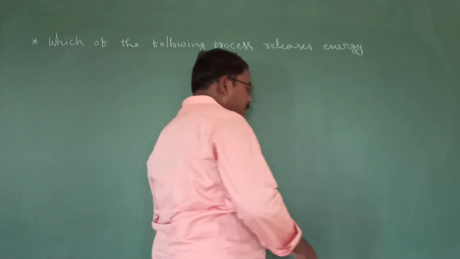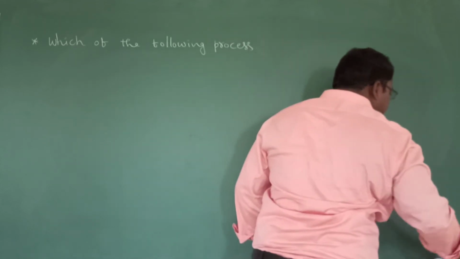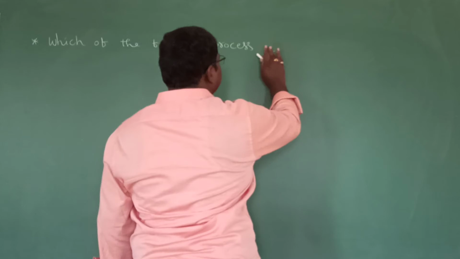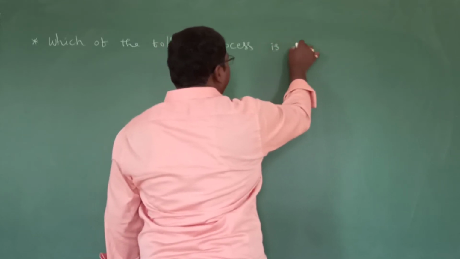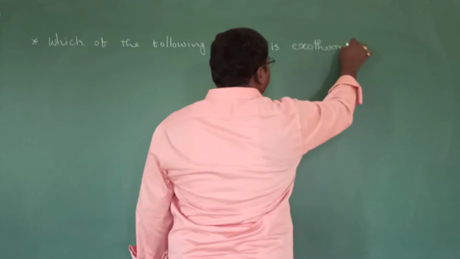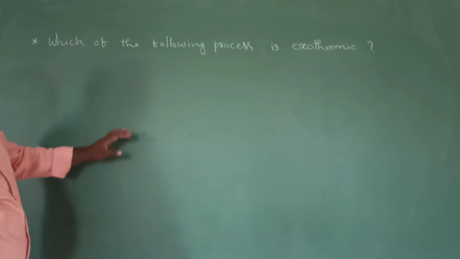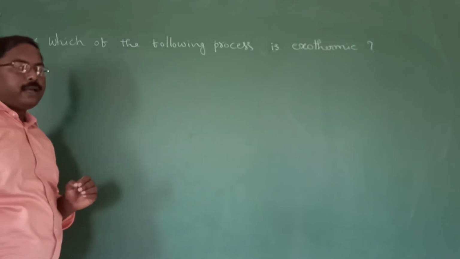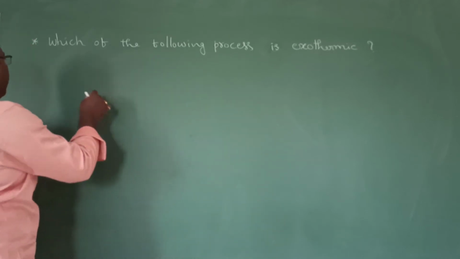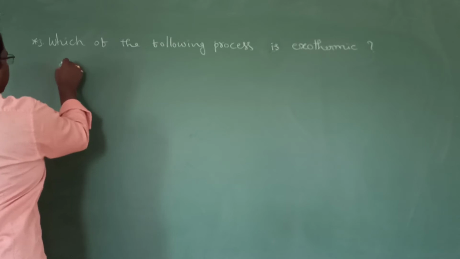Or, instead of writing it like that, I am saying: which of the following processes is exothermic? Exothermic means energy is released. So look at the options. I think this is the third question. So observe the options.